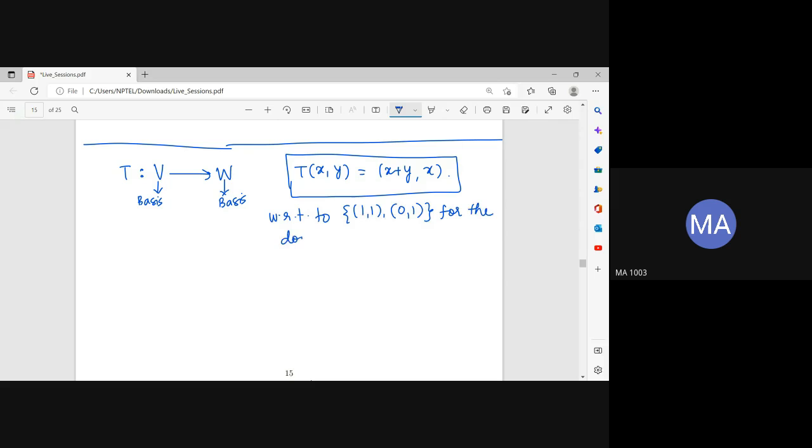What is the domain for this linear transformation? R2, ma'am. Codomain? R2 also. Yeah, both are R2, but I'm giving different bases: this one for the domain and this one for the codomain.